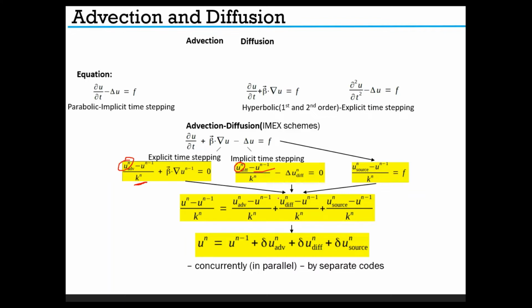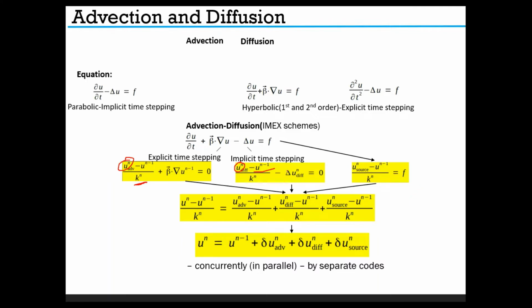So the IMEX scheme actually solves the advection, diffusion and source terms separately, but it can solve them in parallel and concurrently with separate codes.